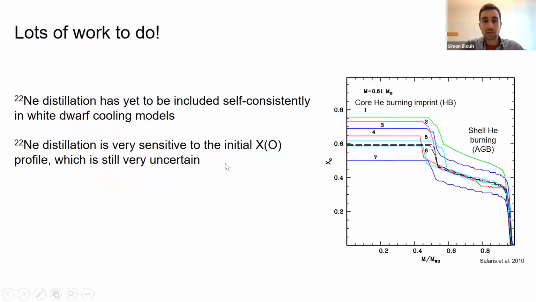And the oxygen to carbon ratio profile in white dwarfs is still very uncertain, mostly because of uncertainties regarding the nuclear reaction rates and convective boundary mixing during the red giant phase. So this problem is motivating more work to better constrain this oxygen profile.